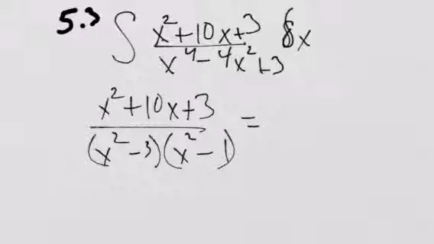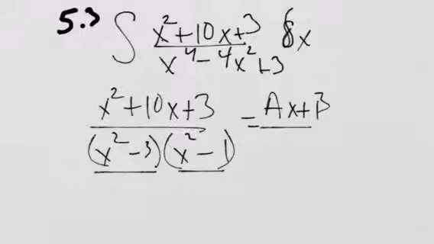Using partial fraction decomposition, since I'm dividing by a quadratic and I can't break these up anymore, I would have ax plus b over the first term, followed by, looking at my problem, this should be a plus.